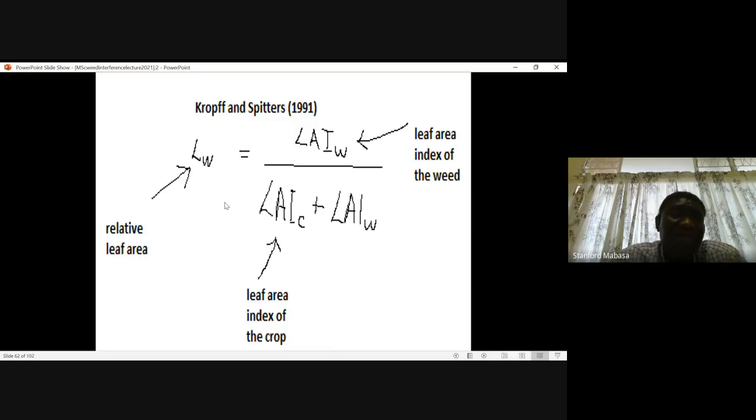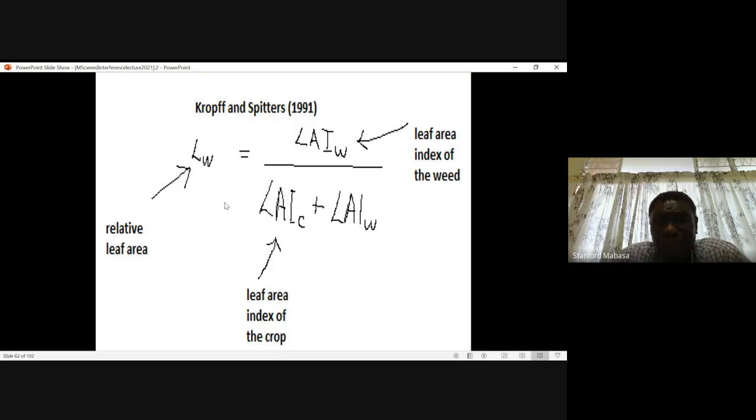Probably relative leaf area is more accurate in predicting yield loss, and we can use that to say, can we weed or not?